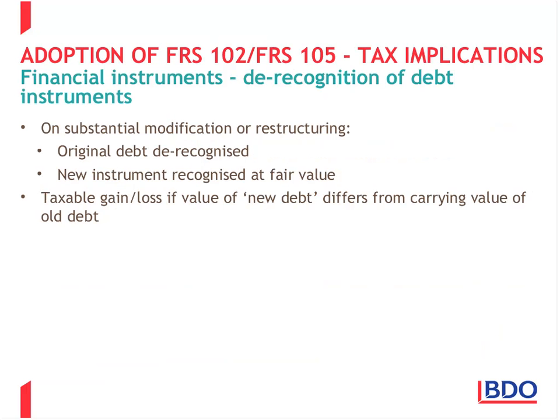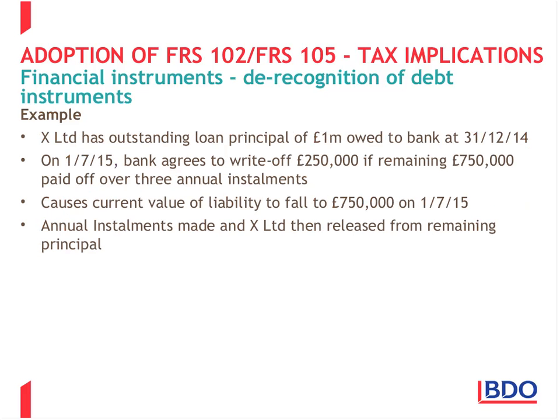At that stage, one has to de-recognise the debt, and the new instrument, i.e. to reflect the new terms of the deal with the bank, needs to be recognised at fair value. This will give rise to a taxable gain or loss if the arrangement with the bank differs from the original terms. Let's look at an example.